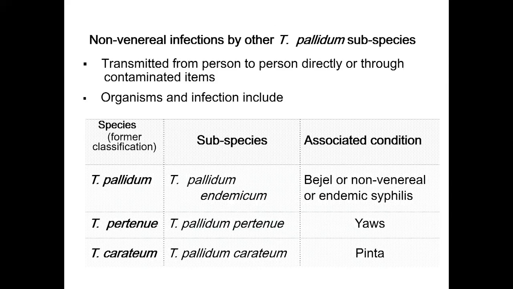So there are other species or subspecies of Treponema pallidum that also cause infections in humans, but these are not sexually transmitted. So they are referred to as non-venereal infections by other Treponema pallidum subspecies. These ones are transmitted from person to person.